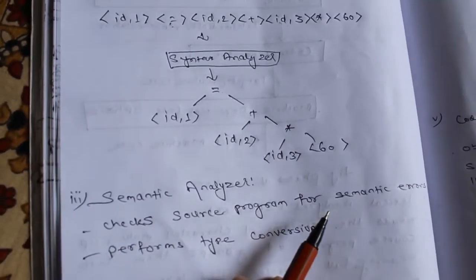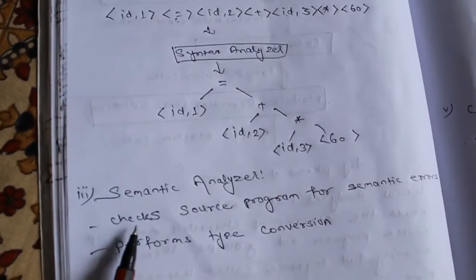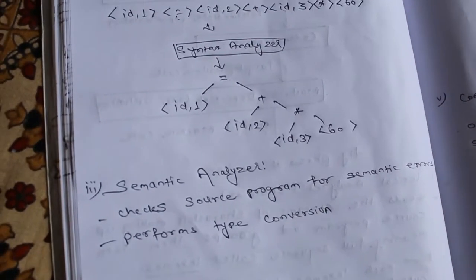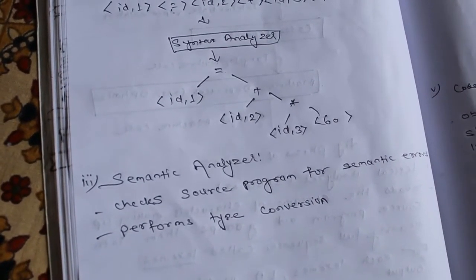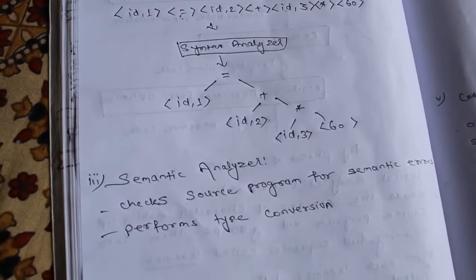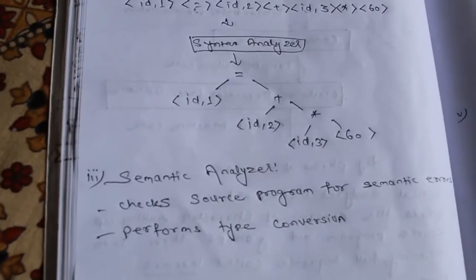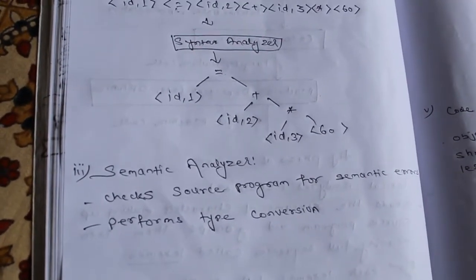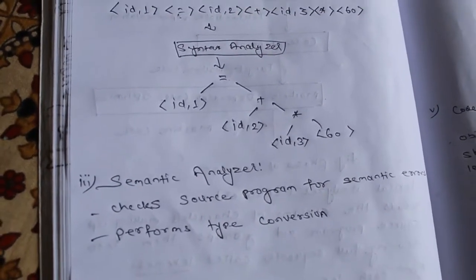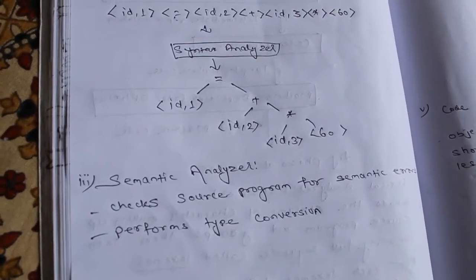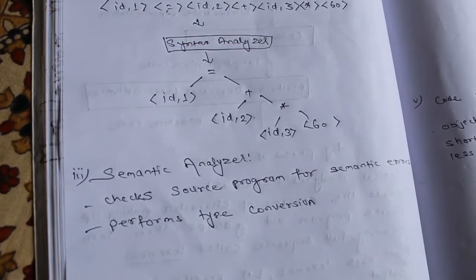Now what does this semantic analyzer do? It will check the source program for semantic errors. Although the syntax is correct, syntactically it is correct, we have to check for semantic errors, like type conversions or the type information for code generation. It will ensure the components of the program fit together meaningfully, like type checking.